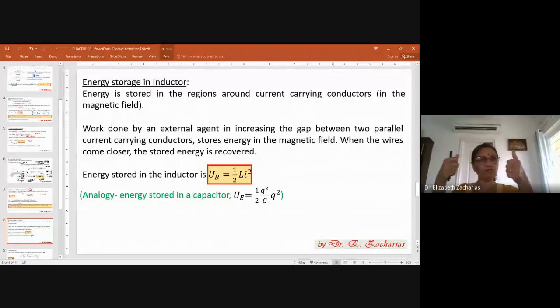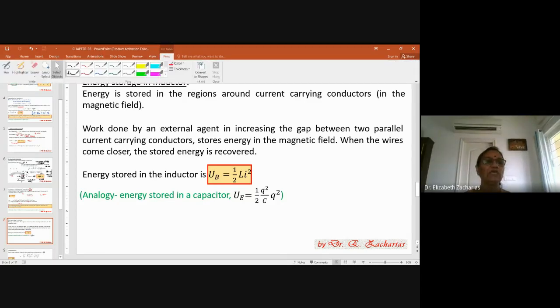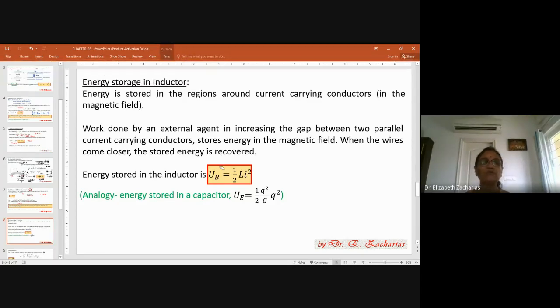Now what happens when you allow these two wires to come together? When you allow the two wires to come together, they are doing work. The system is doing work, which means it is expending energy, so that energy is recovered. And straight away we go to the expression for the energy.